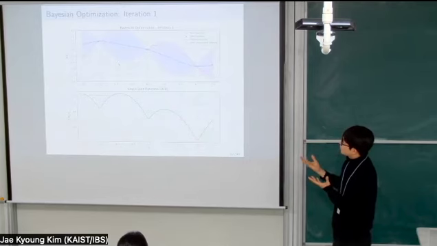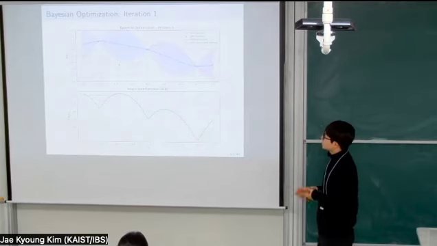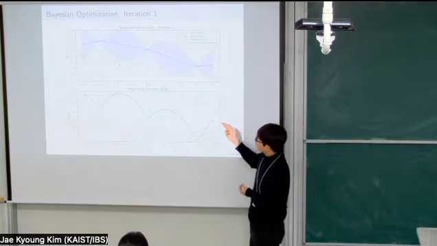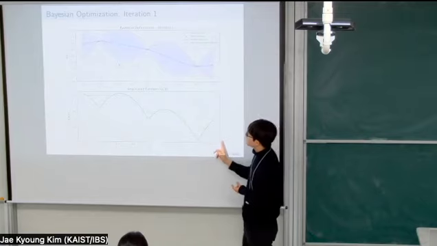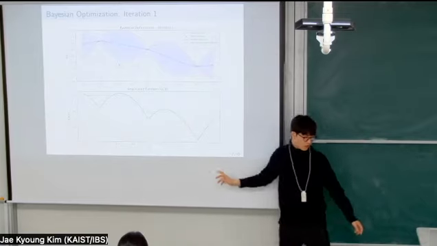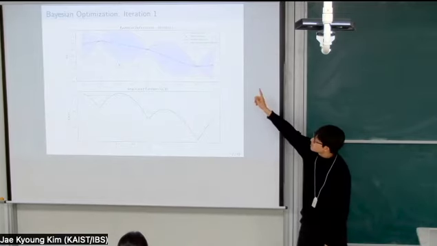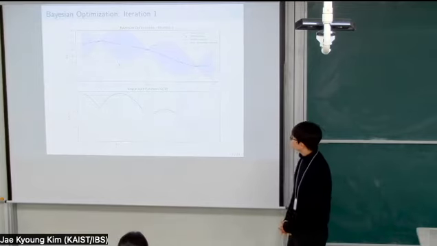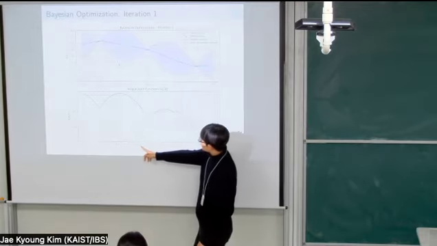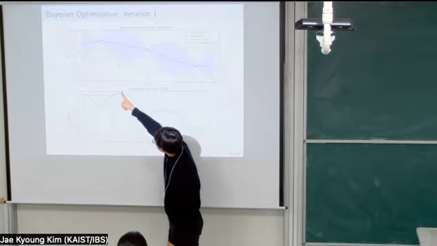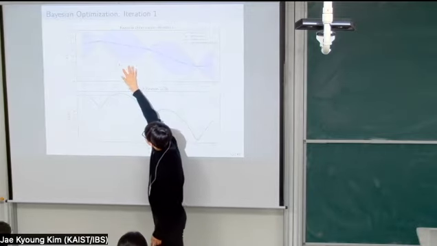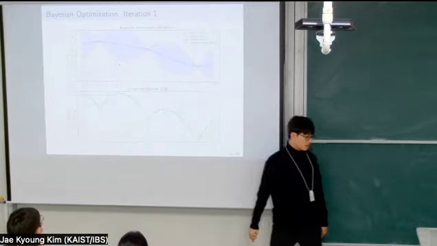So after you build this posterior mean and variance, what you do is you find a point which maximizes this acquisition function, which was posterior mean plus the posterior standard deviation. It seems like it's somewhere here, right? So this red dot is where you evaluate the function next.